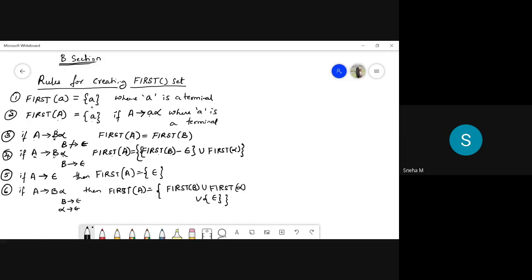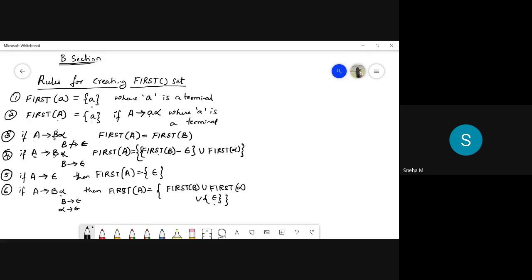Remember, alpha is a set of strings containing non-terminals, and only if all the non-terminals derive epsilon can you have epsilon. Even if you have one terminal in between, then you cannot write epsilon here.